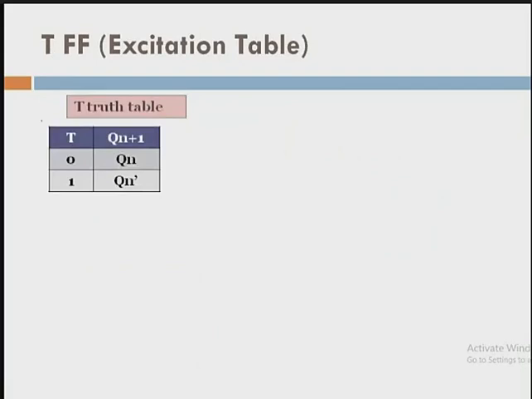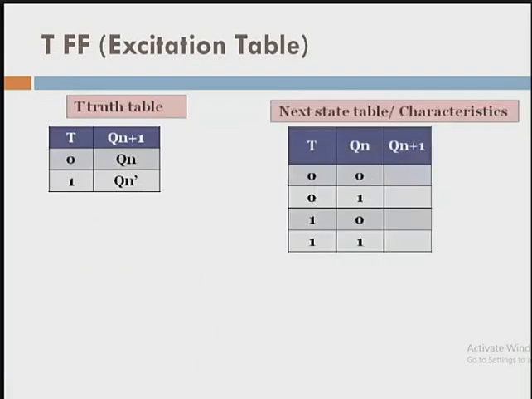Last is the toggle flip-flop excitation table. The truth table is this one for the toggle flip-flop. Then the characteristics table. When T is equal to 0, your output value is Qn. Here Qn value is 0, so it is 0 as per the truth table. Again T is equal to 0, your output value Qn plus 1 is nothing but Qn.